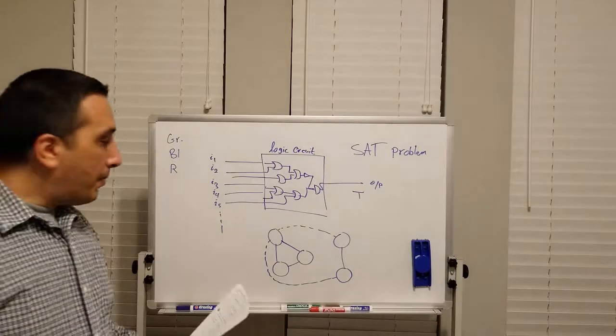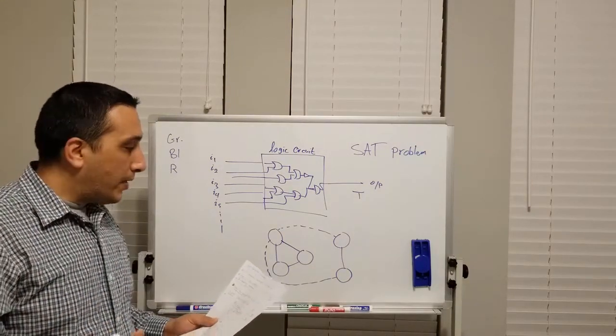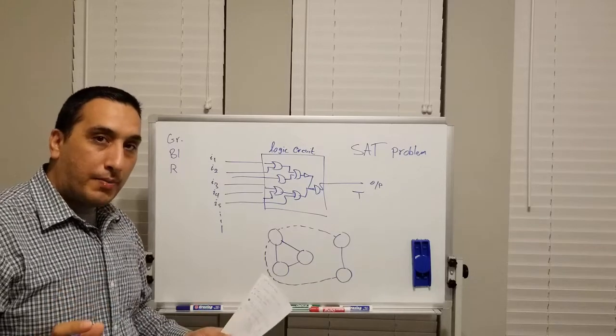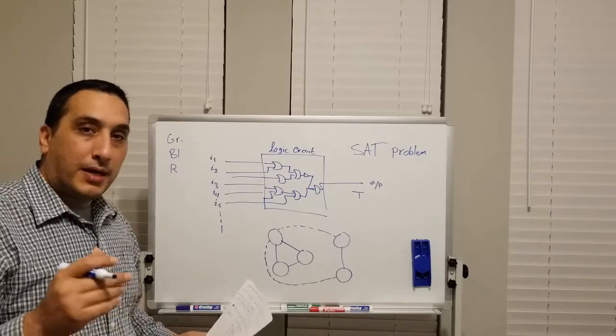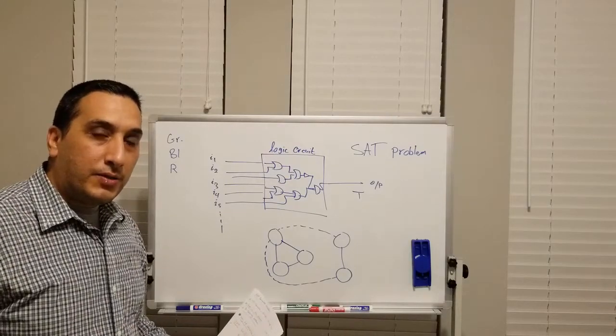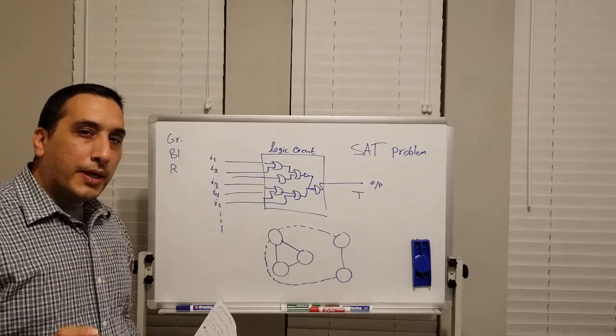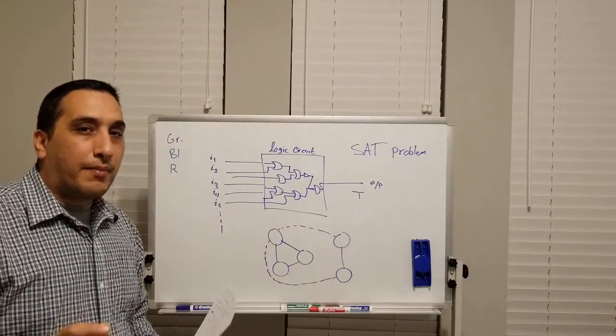So we're talking about coloring the graph, right? And we need to keep in mind that when we assign colors to vertices, no adjacent vertices will have the same color. So what if the color means something?